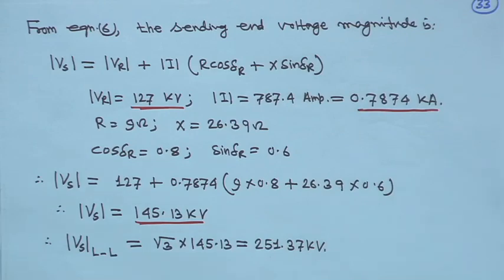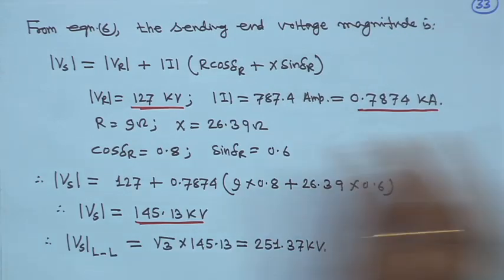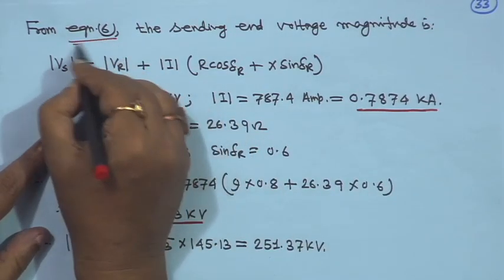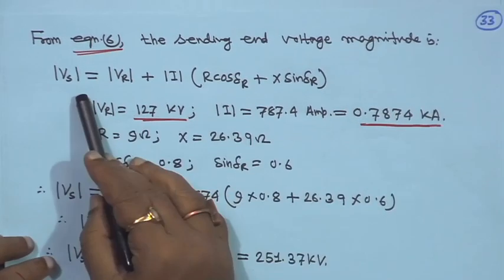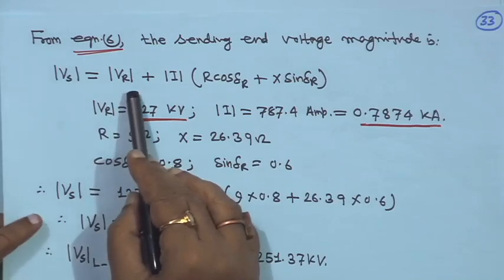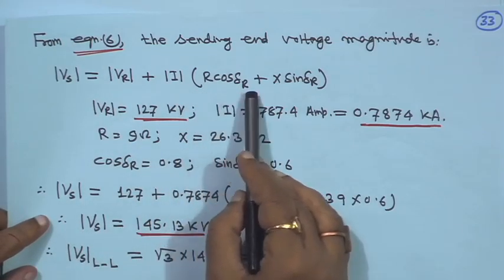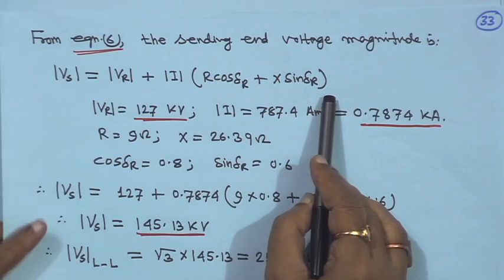Now, from equation 6, this is the relationship. From equation 6, the sending end voltage magnitude Vs is equal to Vr plus magnitude I in bracket R cosine delta plus X sine delta, bracket close, right.